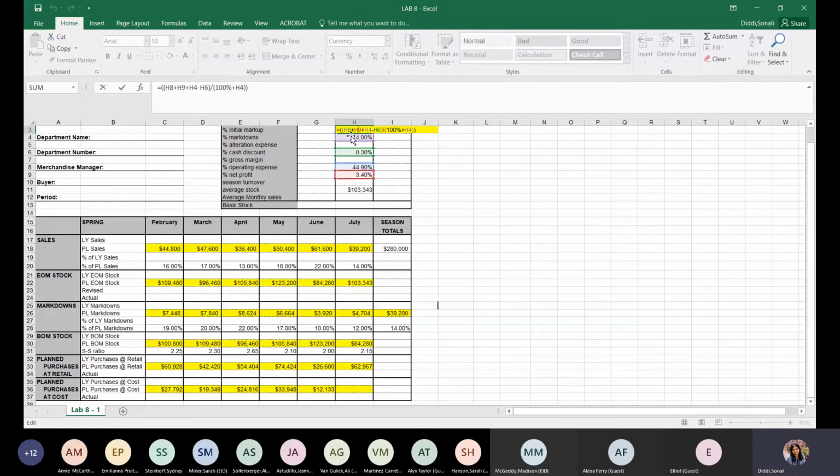So gross margin plus reductions minus cash discount. So that's going to be your numerator. And then divided by 100% plus the markdown percent, which is 14%. And then again, close that 2 times, the parentheses.